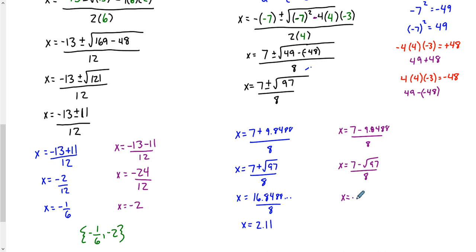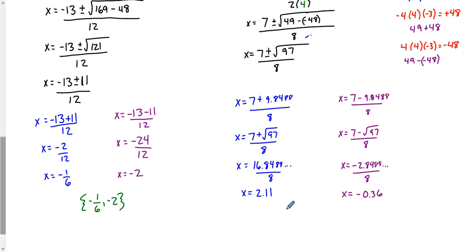And this one comes out as negative 2.8488578 being divided by 8. Personally, I like going to 2 decimal places, especially for this section. It is a negative 0.36. So we have 2.11 and negative 0.36.